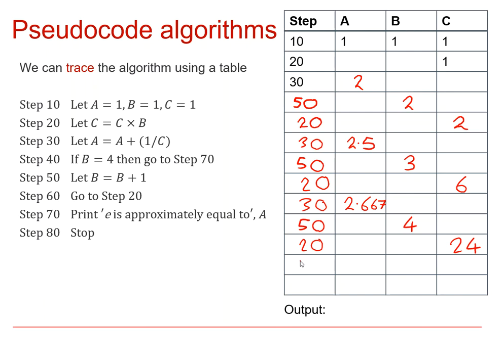So now line 30, A equals A plus 1 over C, so that's the current value of A plus 1 over 24, to 3 decimal places, that's 2.708.